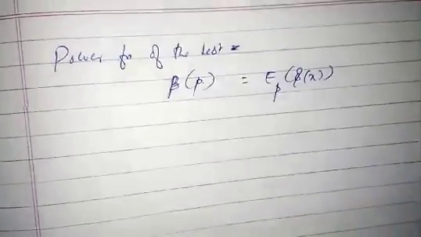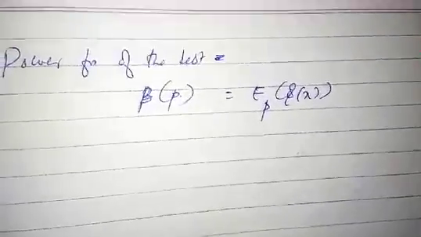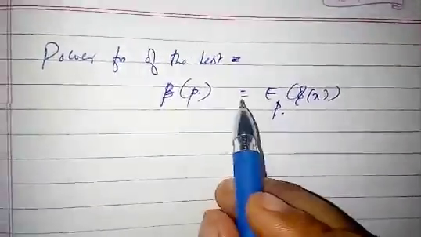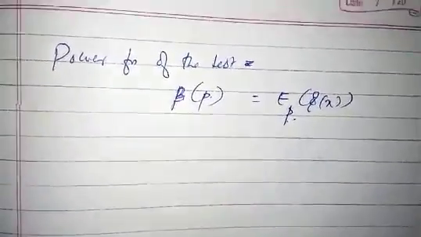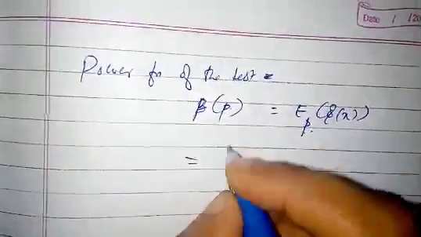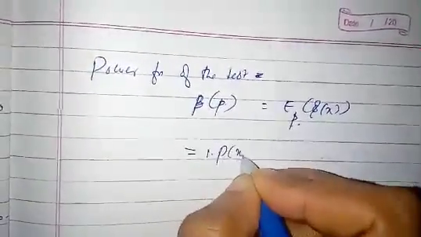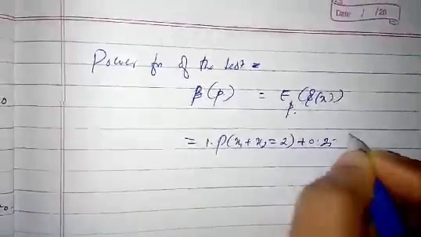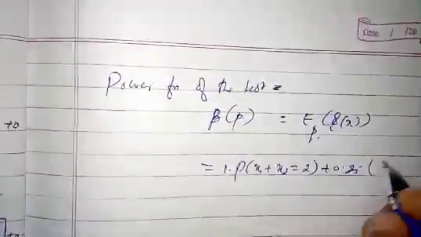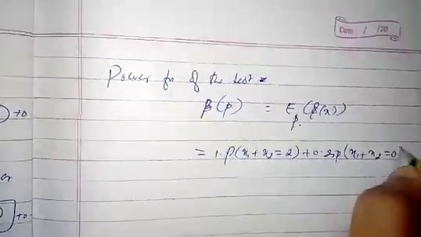Power function of the test means the probability of rejecting H0 for the various values of parameters under the parametric space. So what is expectation of phi of x here? That is 1 into probability of x1 plus x2 equal to 2, plus 0.25 into probability of x1 plus x2 equal to 1, plus 0 into probability of x1 plus x2 equal to 0.